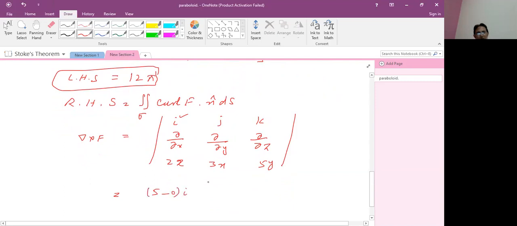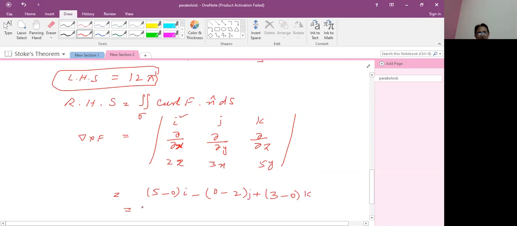So 5 minus 0 of i, minus, when we consider the j column, the derivative of 5y with respect to x is 0, minus the derivative with respect to z, which is 2, plus, when we consider the k column, the partial derivative of 3x with respect to x is 3, and with respect to z it is 0, of k.